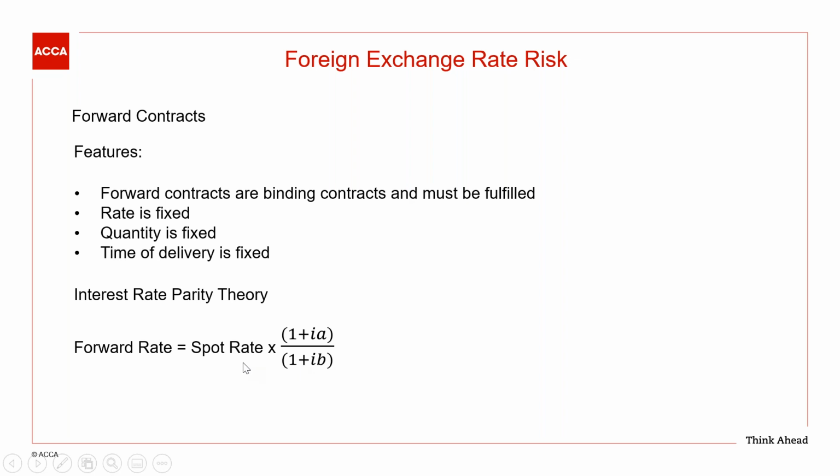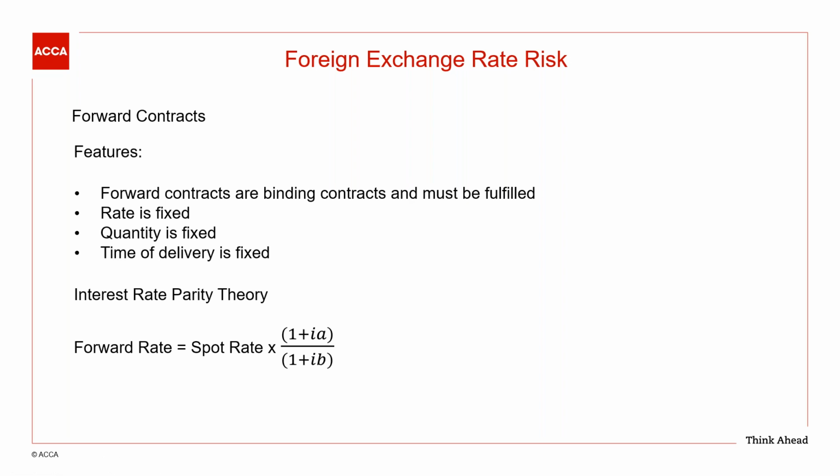Okay, let me ask you a question. Let's say $1 is equal to 100 Pakistani rupees, right? 100 PKR is equal to $1.